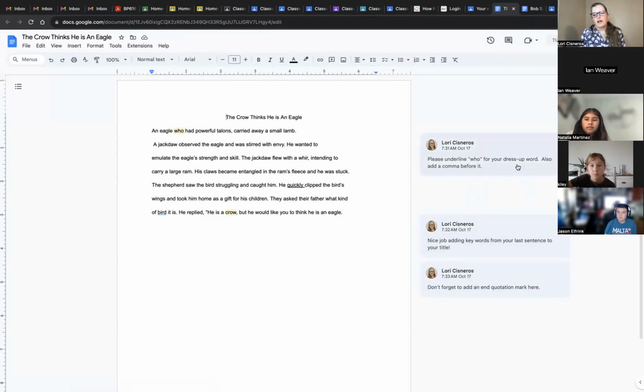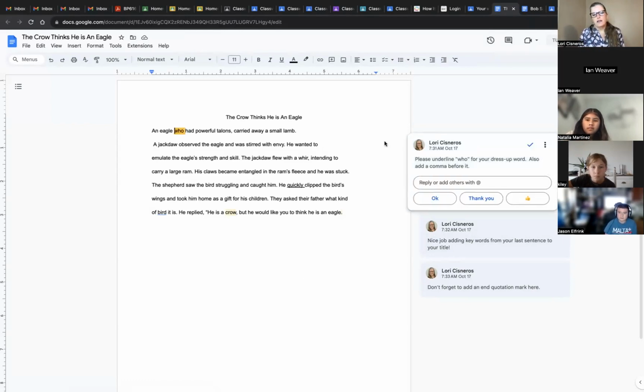If I click on that first comment, it'll make it darker on the part that I'm highlighting. This comment goes with this, and it says, please underline "who" for your dress-up word. Also add a comma before it. So I'm giving you feedback on how to fix things on your docs when you type it in.